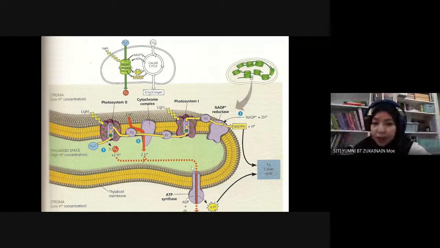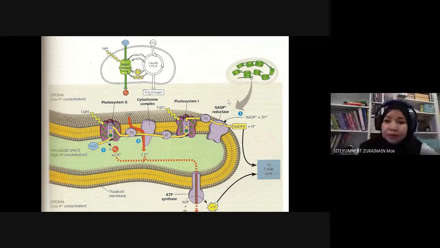Because the higher concentration gradient in the thylakoid space will power the ATP synthase, and this light-driven reaction stores chemical energy in NADPH and ATP. NADPH and ATP together will shuttle the energy to the carbohydrate-producing Calvin cycle.